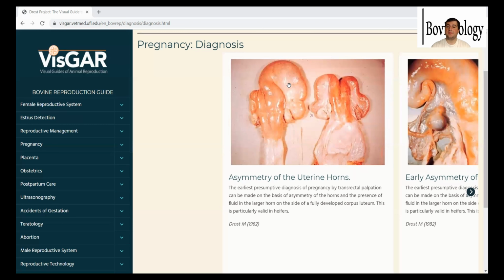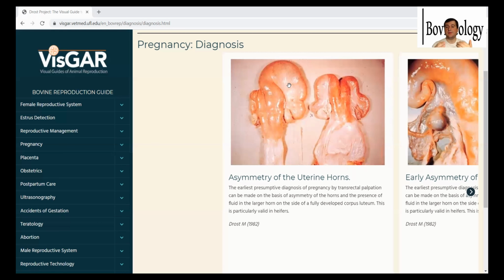But what happens is there are animals that are multiparous, meaning that they have multiple babies over their lifetime. And most of the pregnancies happen on the right side. It doesn't mean that we don't have pregnancies happening on the other side. But what I mean is, you're going to have a natural asymmetry of uterine horns, and it progresses as this horn is the pregnant horn multiple times.